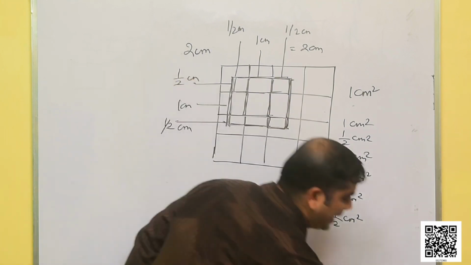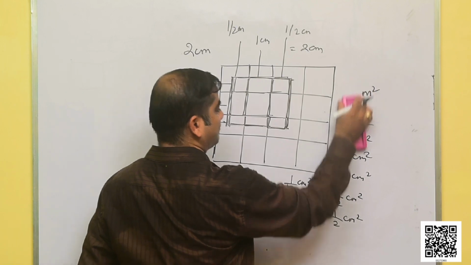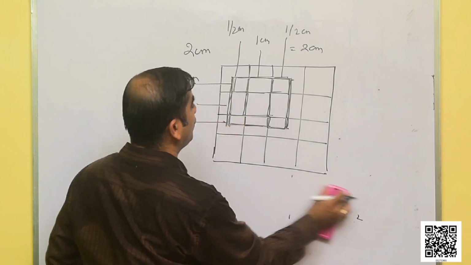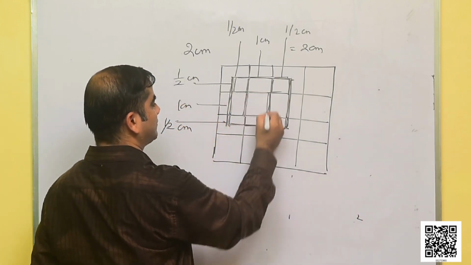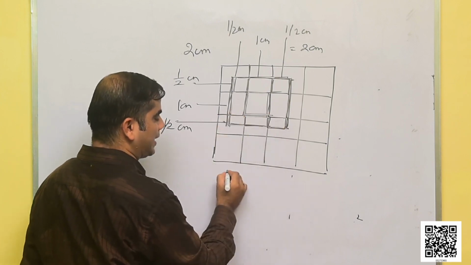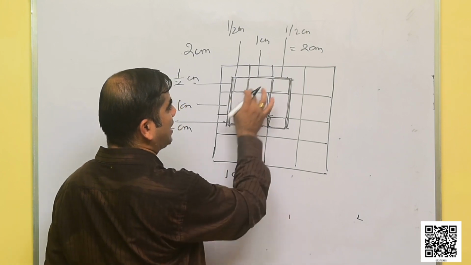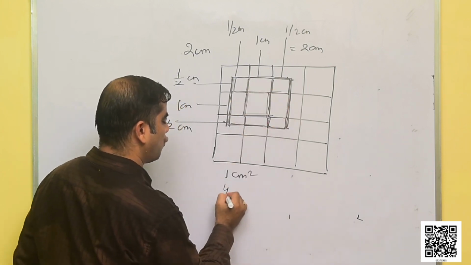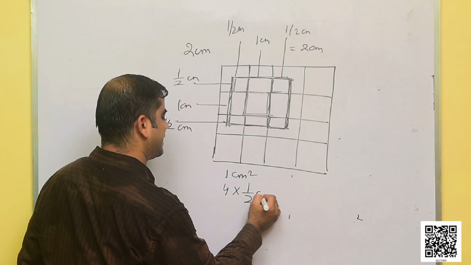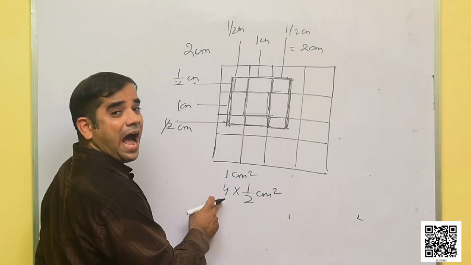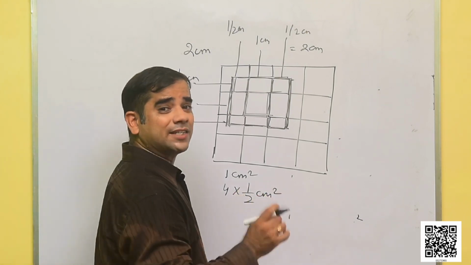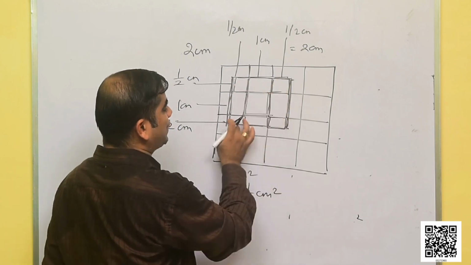So how many full squares are there? There is only one full square, that is 1 centimeter square. How many half squares? 1, 2, 3 and 4. So 4 into half centimeter square. 4 half squares. How many quarter squares? 1, 2, 3, 4.